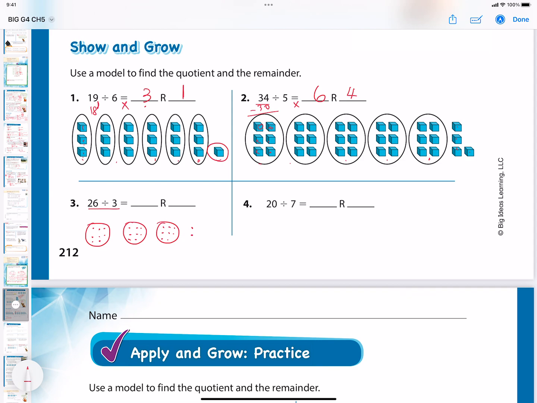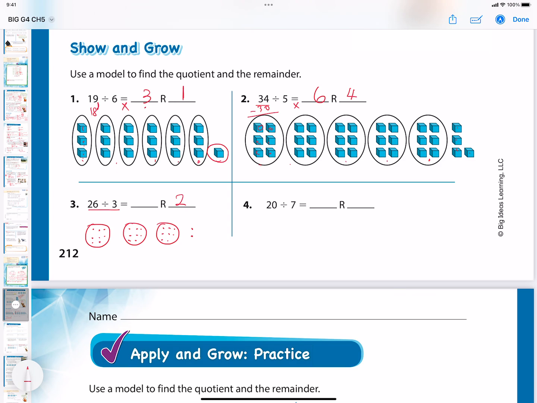Since I know only 2 counters are going to be remainder, and we cannot put them in these equal groups, the remainder is what? 2. And in each group, how many counters are there? 1, 2, 3, 4, 5, 6, 7, 8.